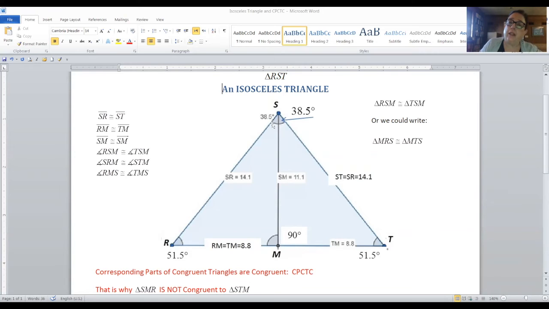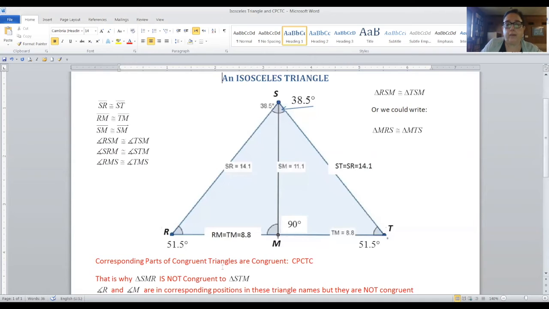And the two angles at S, the equal parts that the bisector created, are in the same position. We call this phenomenon corresponding parts of congruent triangles are congruent. Because when we state that these two triangles are congruent, we now know all the corresponding parts are congruent.